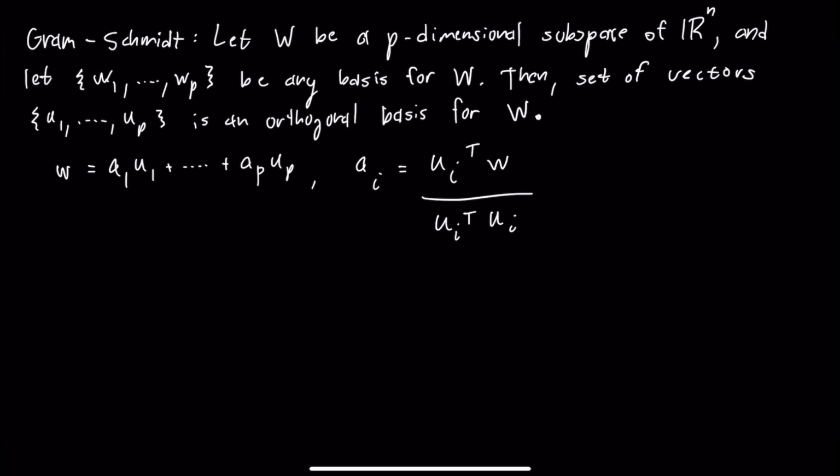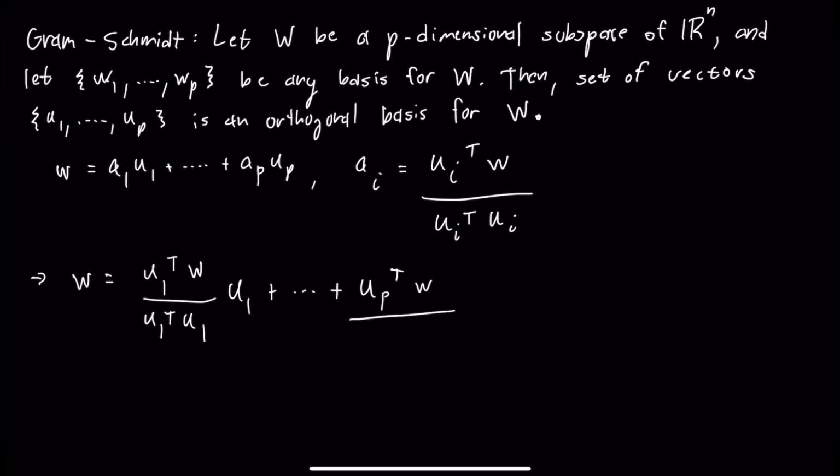Now we'll just plug it in to W. So W is U1 transpose W over U1 transpose U1 times U1, plus ... plus UP transpose W over UP transpose UP times UP.